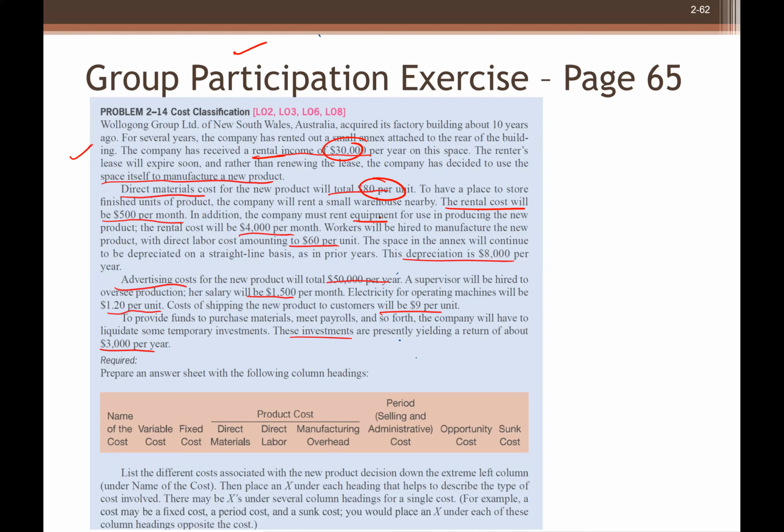Then we have the labor cost, which is 60 per unit. Then we have depreciation. Then we have advertising costs. And then we have supervisor salary, which is the production supervisor salary. Then we have electricity cost, which is 1.20 per unit.